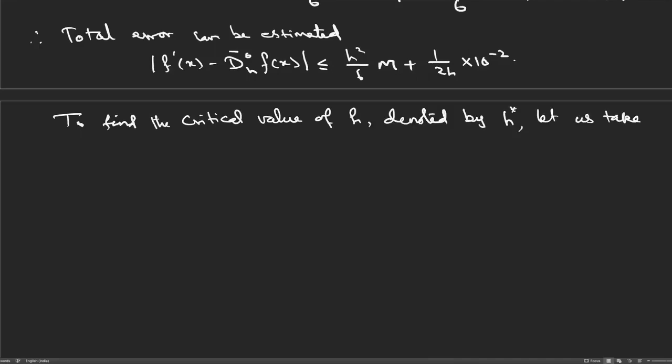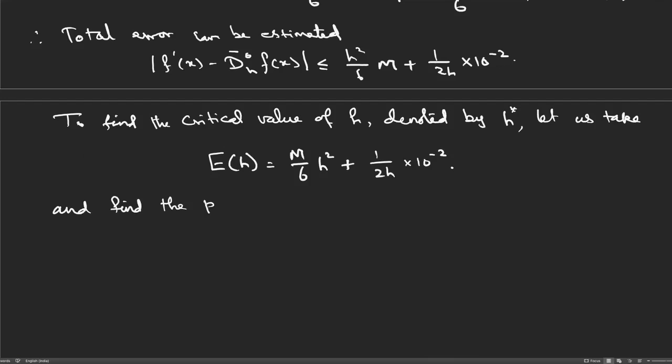Let us take E of h is equal to M by 6 into h square plus 1 by 2h into 10 to the power of minus 2, and h star is nothing but the point at which this function attains its minimum.